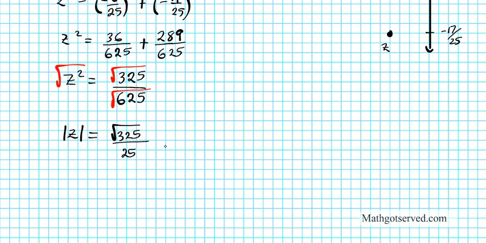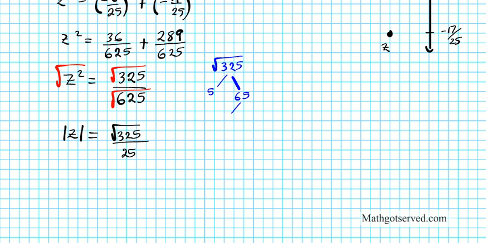All right? So let's see. Can we break down 325? I have no idea. Let's try it out. So 325, let's extract prime factors. Since 325 ends with a 5, I'll take out a 5, and I'll be left with 65.